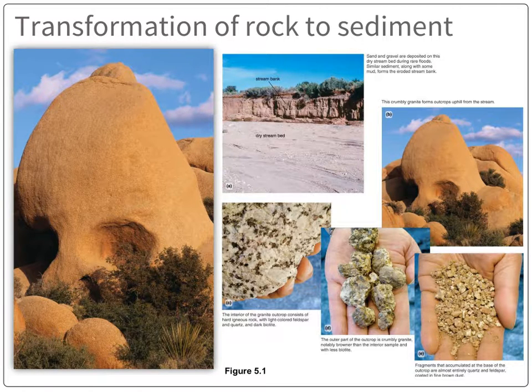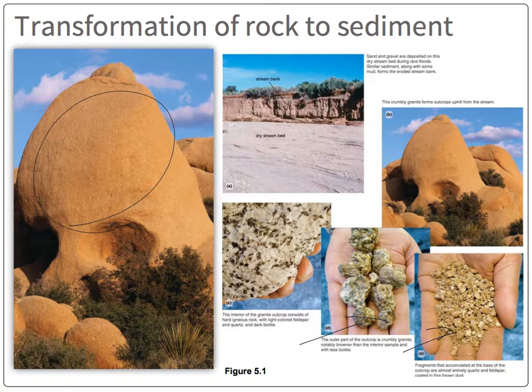We'll talk about that in a more sophisticated way, but you can see this is clearly a big rock formation. Over time, it's going to be weathered, and it's going to produce smaller and smaller fragments. And the kind of fragments that are going to be produced are going to depend on the parent rock to begin with.